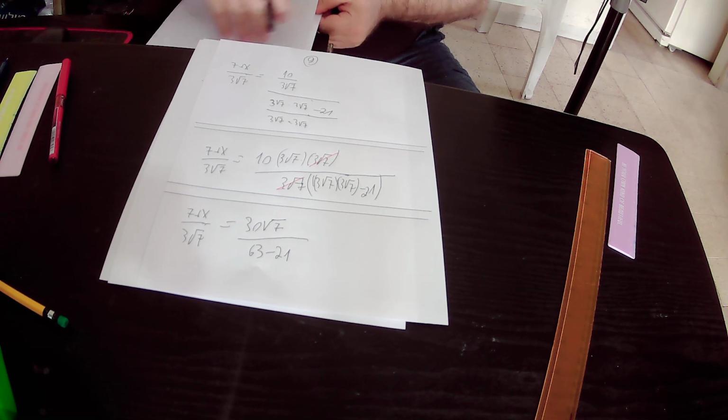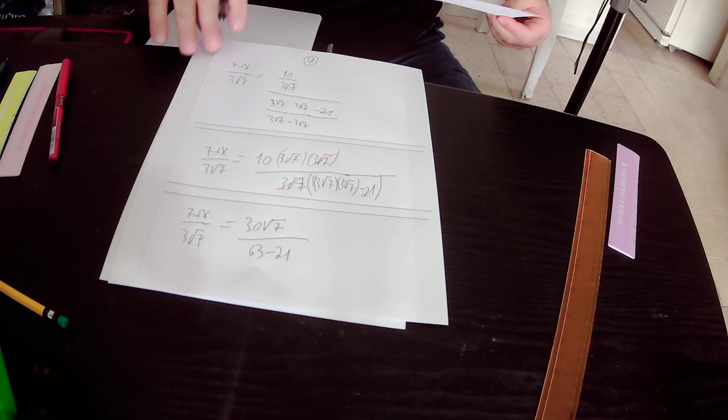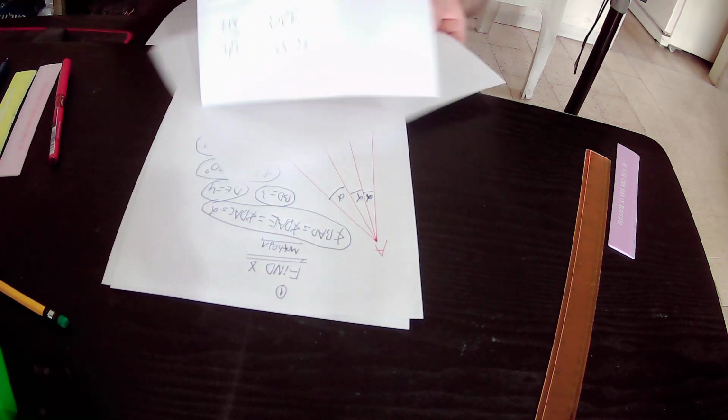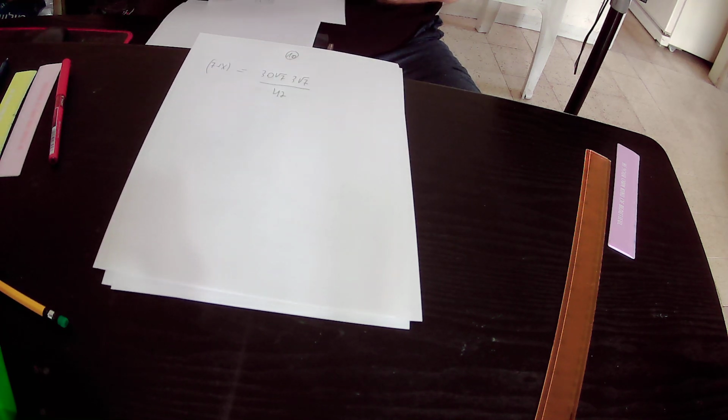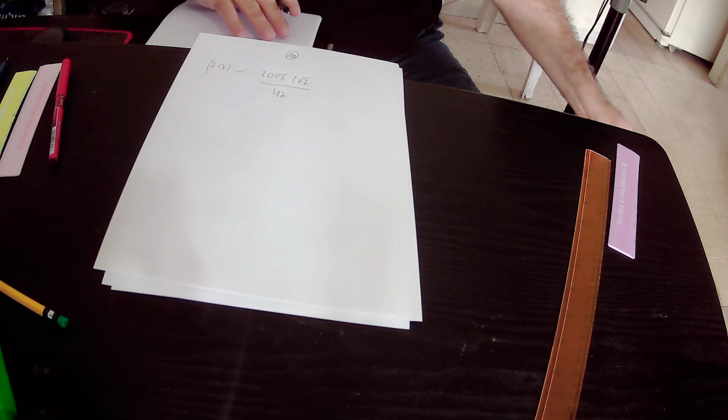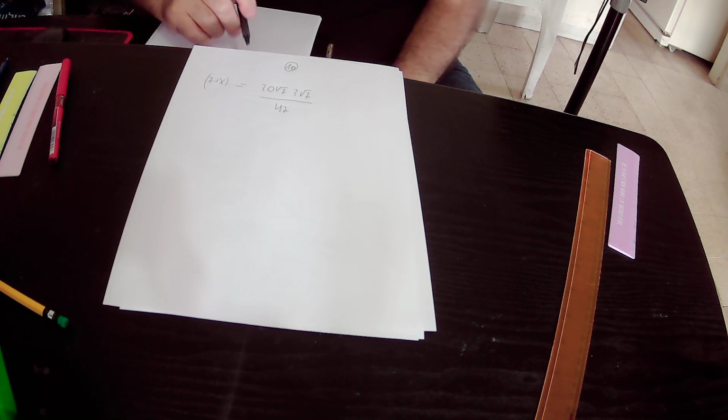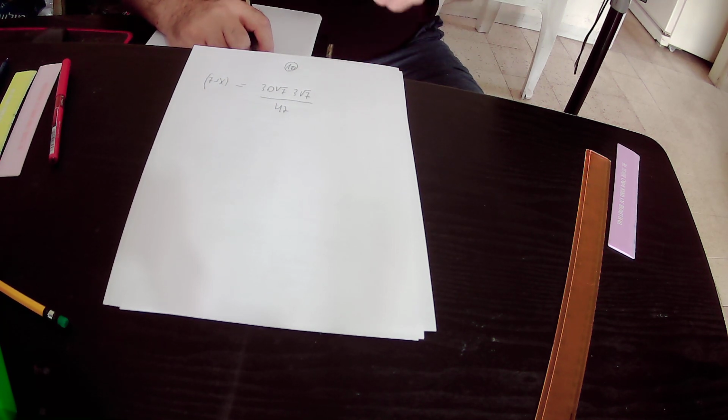Okay, so in total we got this expression. So here 30 times 3 is 90, and root 7 times root 7 is 7, and 90 times 7 is 630. So I will write it down.